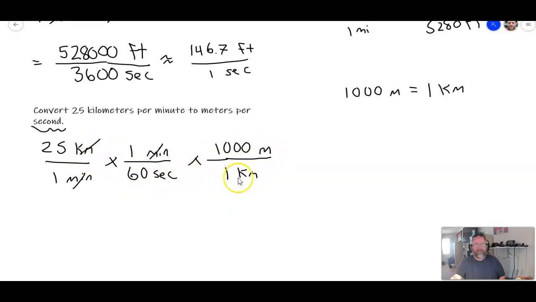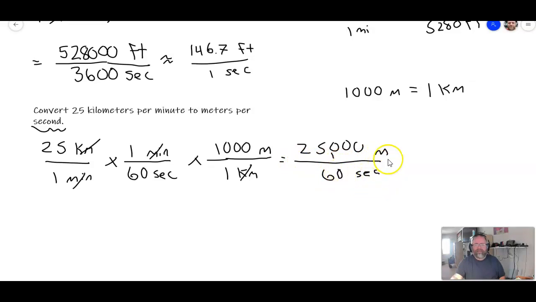Now this kilometer cancels out with this kilometer, and I'm just left with the meters on the top, which is what I want, and the seconds on the bottom, which is what I want. So multiplying that across, 25 times 1,000 is going to be 25,000 meters per 60 seconds.